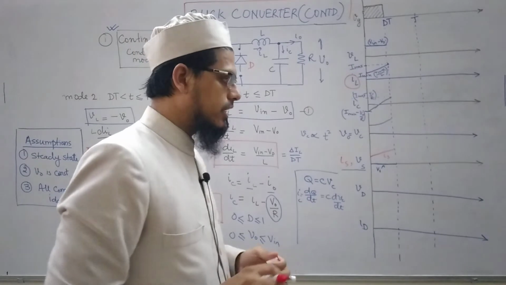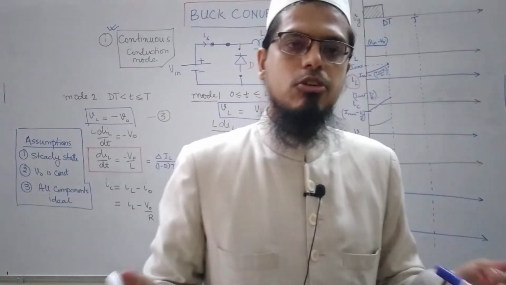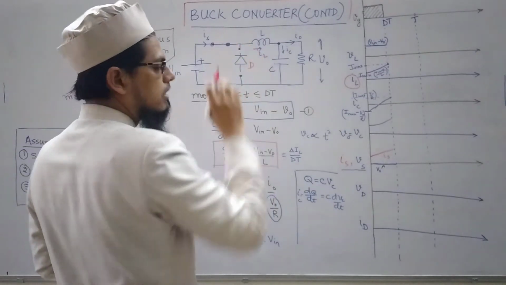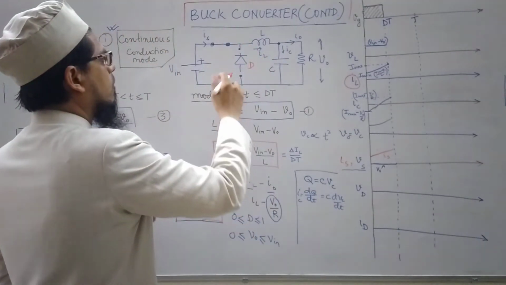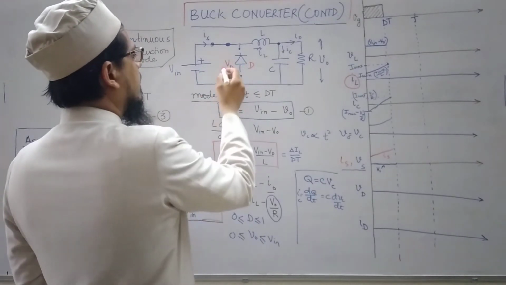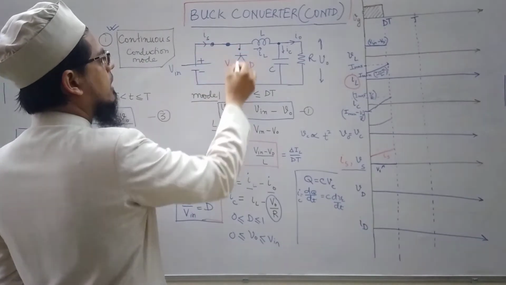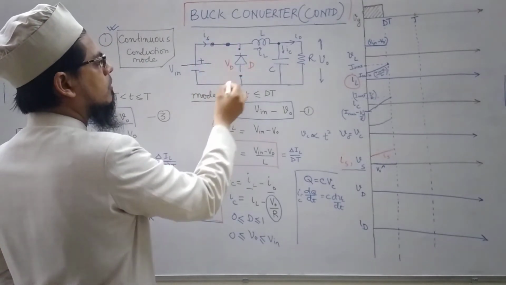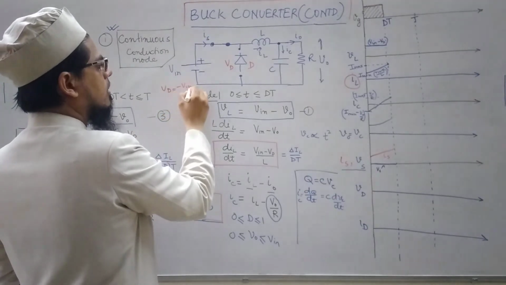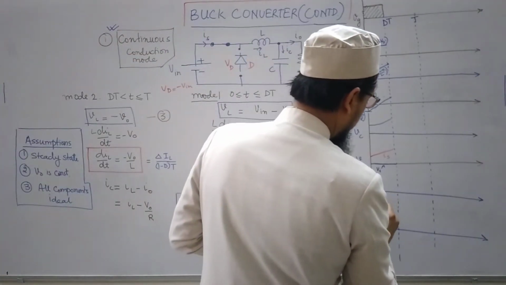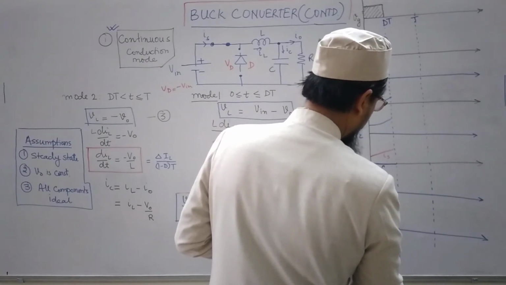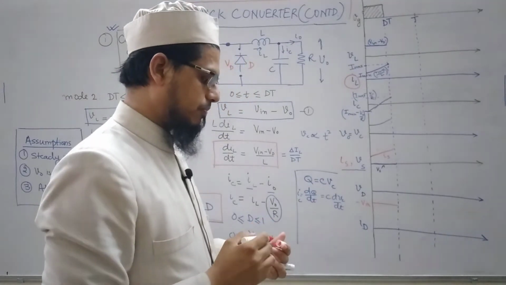Now come to Vd. Vd is the voltage appearing across the diode. In this case, since the diode is not conducting, we can find it out. If I apply KVL in this loop, Vd will become equal to minus Vin. So Vd will be minus Vin.